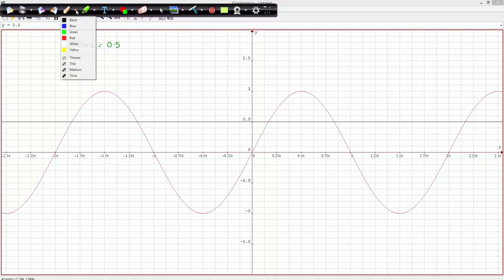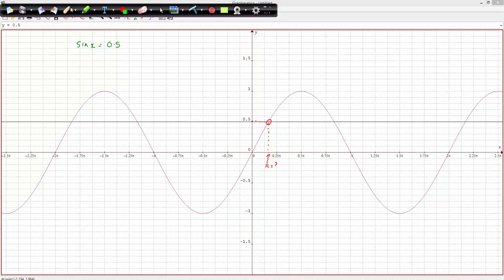If you have a look at the graph, one of the solutions would be this point here. Why? Because if I drop that down, whatever this x value is, this will be when y is equal to a half.